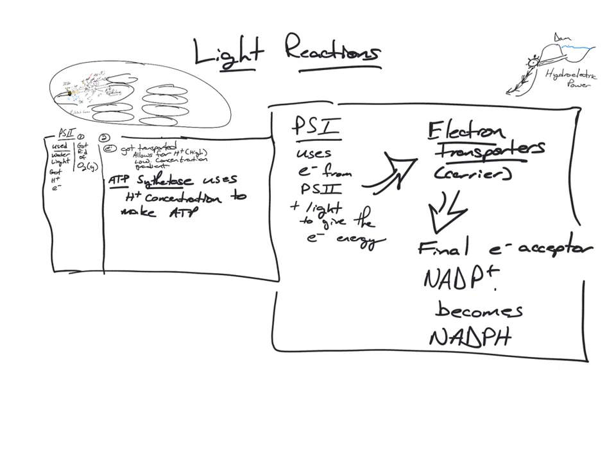Okay, what have we used? We've used water and light. We used light here, right? And what did we make? We made oxygen, right? What else did we make? ATP. Don't forget that we took ADP plus phosphate to make ATP.